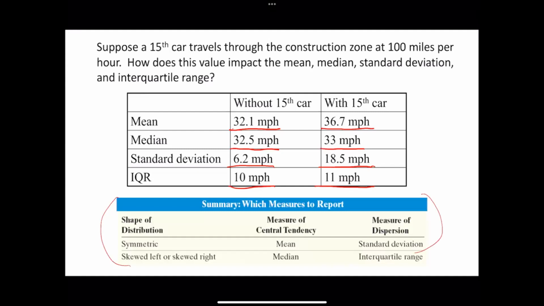If it's really skewed left or right, then use median and interquartile range instead. Most of the time you're going to be told what to do. But for example, on your final project, you're probably going to have to think about that on your own. Or if somebody just asks you which one's better, this gives you an idea of which one's better.